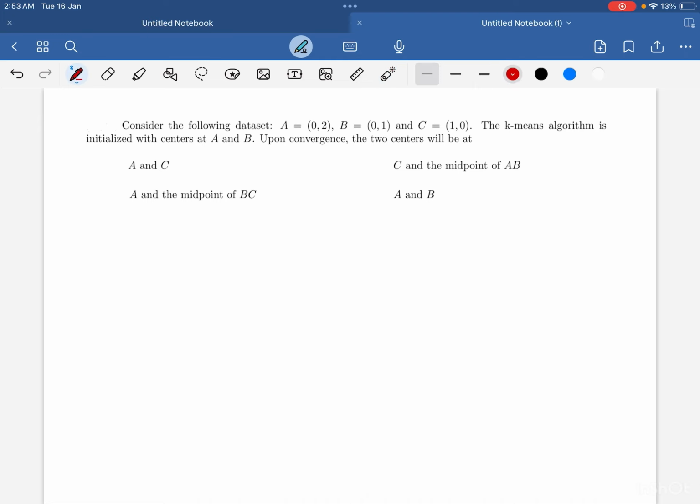So how can we solve this? We have only a few data points given, right? Even if you look at the data on the x-axis or y-axis, A is here at 0, 2, and B is at 0, 1, and C is at 1, 0, maybe here.